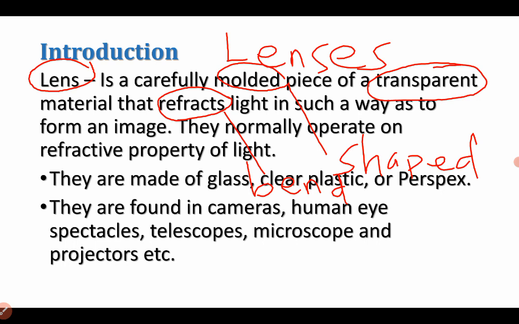They are put together, arranged in a certain order, so that you can view objects that are far off. Microscopes are made of lenses. You find two types of lenses in microscopes, namely what we call the eyepiece lens and the objective lenses. So without lenses, these devices are not of use.